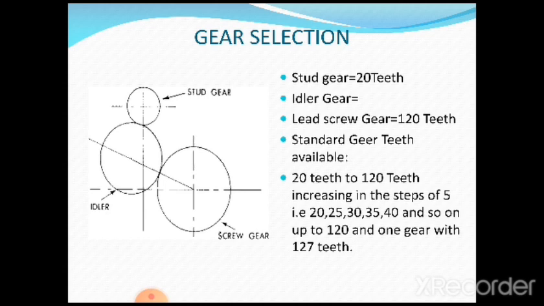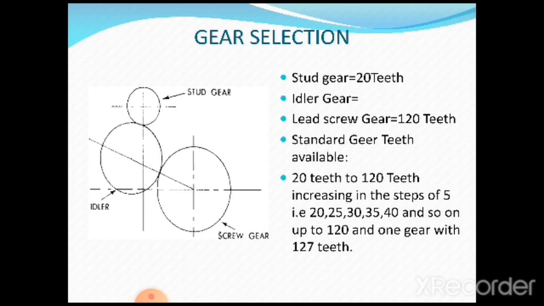So why have we multiplied by 20? It is a standardization. Whenever we want to cut a thread of a particular pitch, we have to select gears having the number of teeth ranging from 20 to 120.